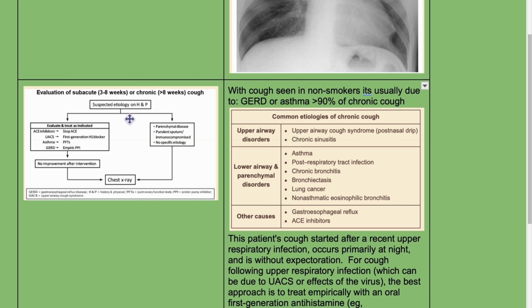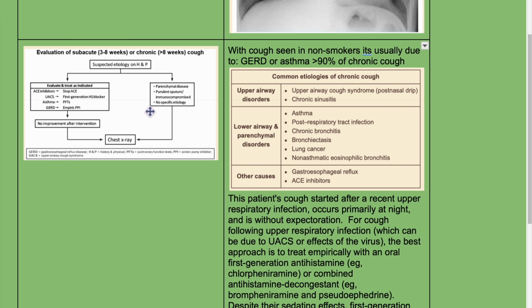So you have suspected etiology on H&P, history and physical. So then you evaluate and treat as indicated. First, if they have ACE inhibitor history, then you stop the ACE inhibitor. If they have upper airway cough syndrome, then you give first generation H1 blockers.